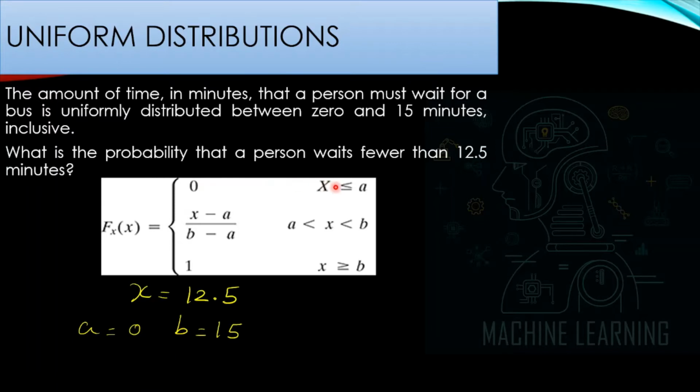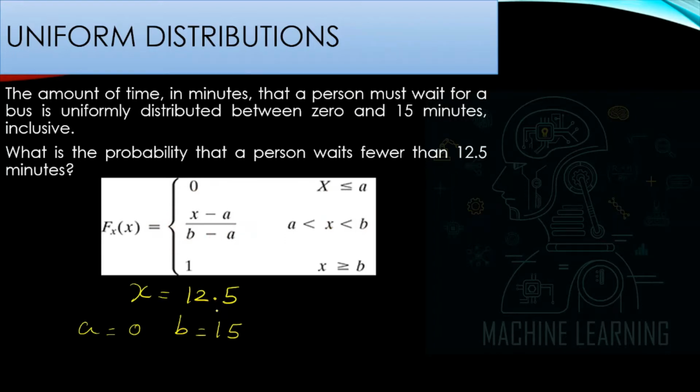Is x less than or equal to a? That is not the situation for us because x is not less than 0. x is also not greater than or equal to b because x is 12.5. So x lies between 0 and 15, which means this is the state that we are in, and this is the formula that we should apply.